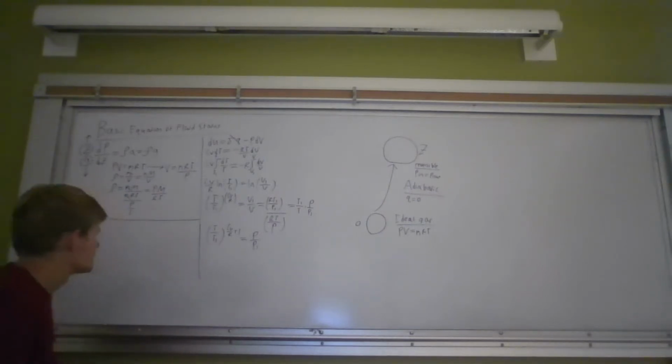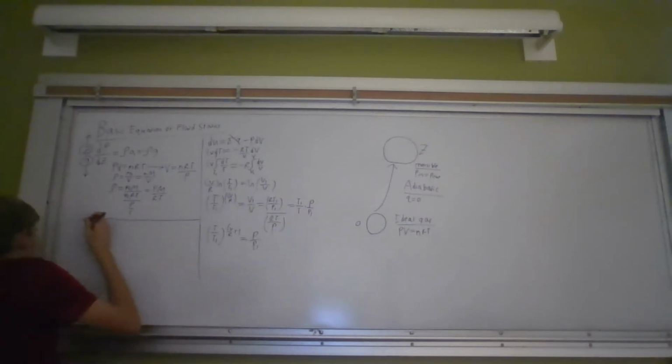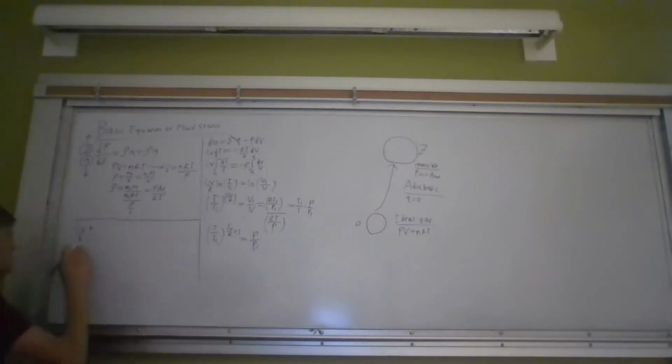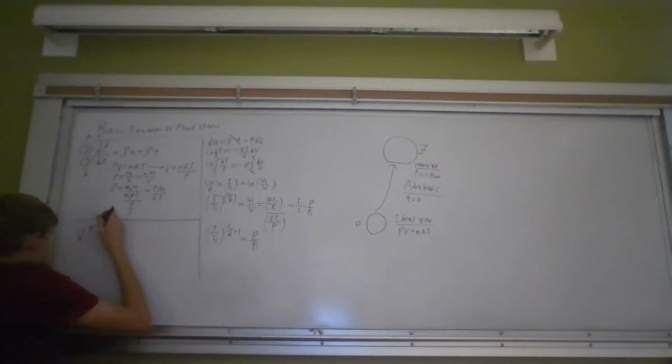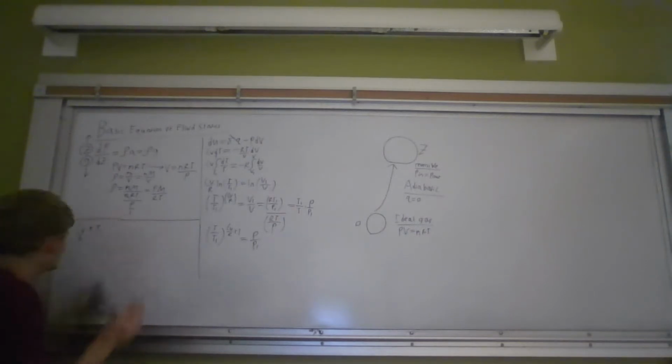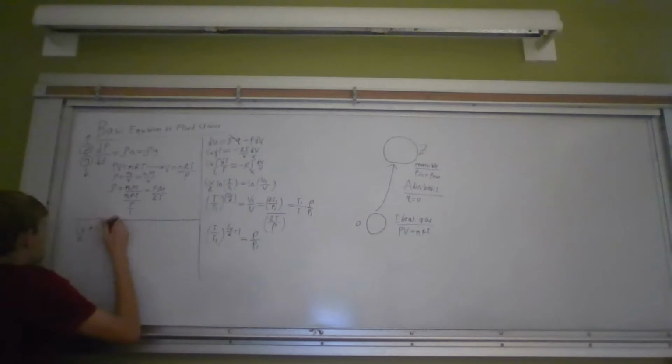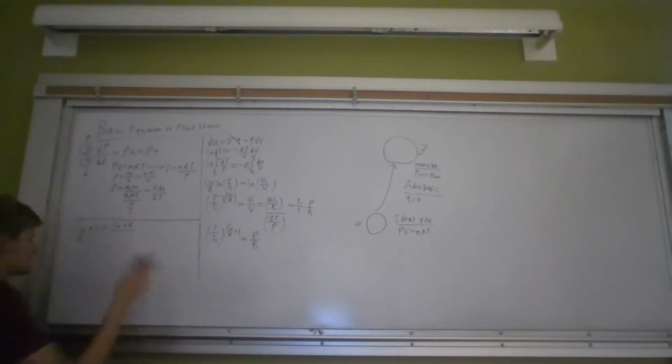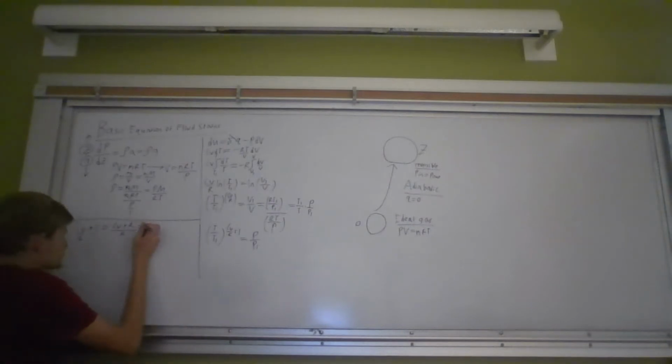Let's write it out. Over here we have our constant volume over our gas constant plus 1. And if we expand that out, it's actually going to be constant volume plus our gas constant, over our gas constant. And this has to equal something else.